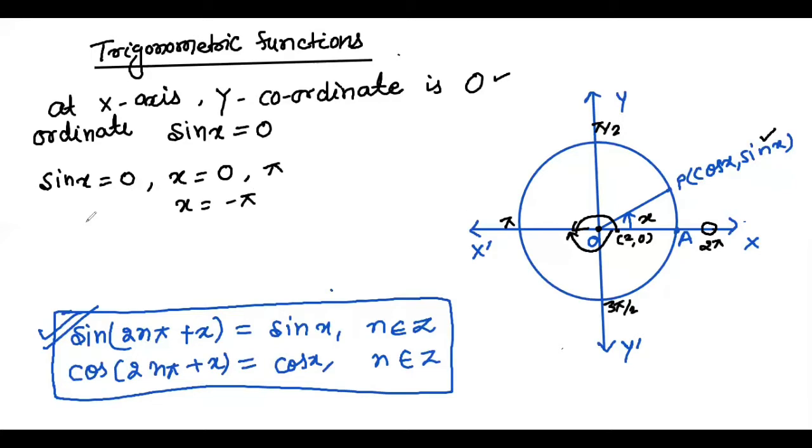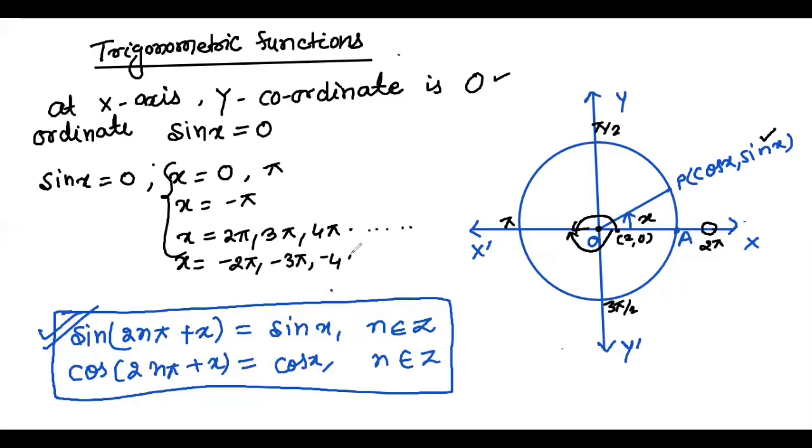Then when we are repeating it, meaning multiples of pi, it will be 2 pi, then 3 pi, then 4 pi, then 5 pi, and so on. So always sin x will be 0. Similarly, in the negative direction also, when x equals minus 2 pi, minus 3 pi, minus 4 pi, always sin x will be 0.